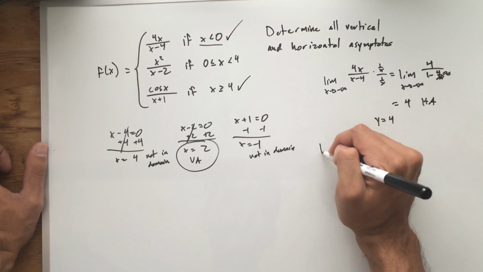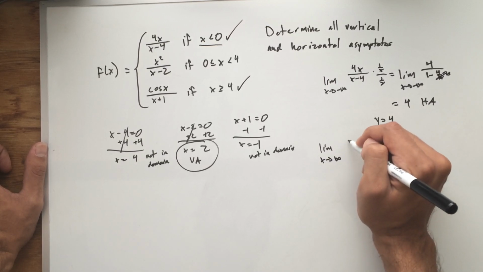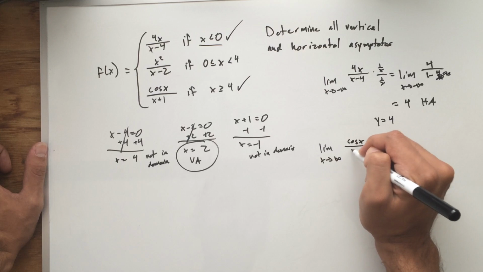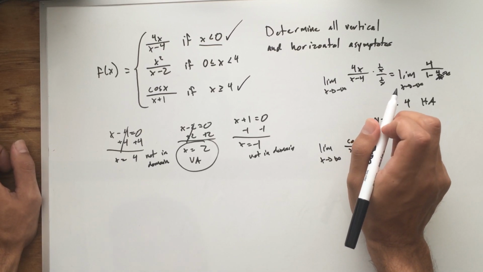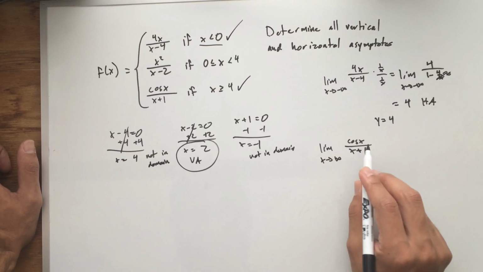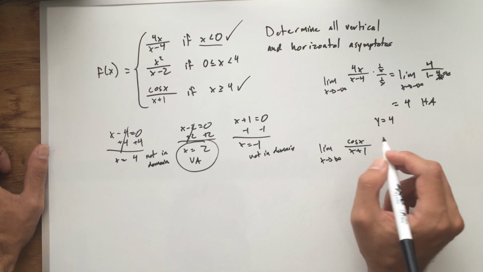and then the other limit. So the limit as x approaches infinity of cosine of x divided by x plus 1. Cosine of x is bounded by negative 1 and 1.